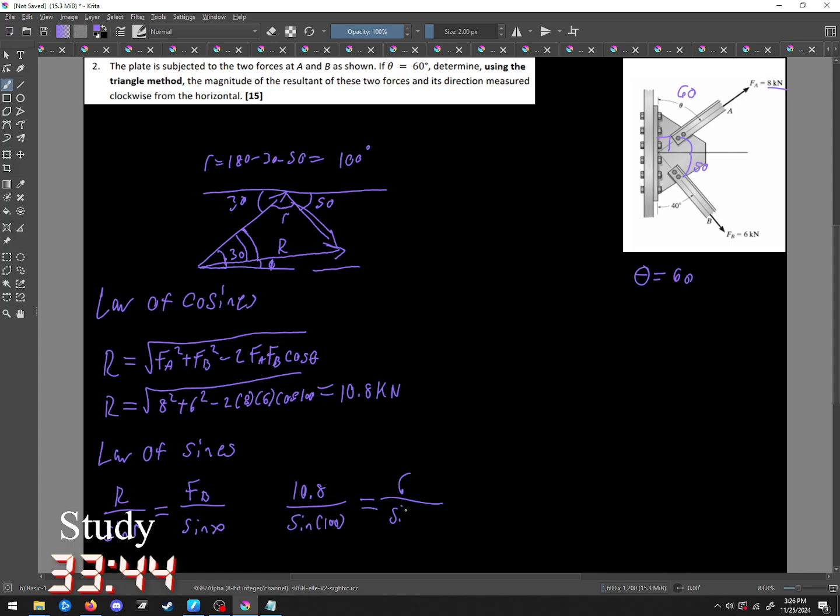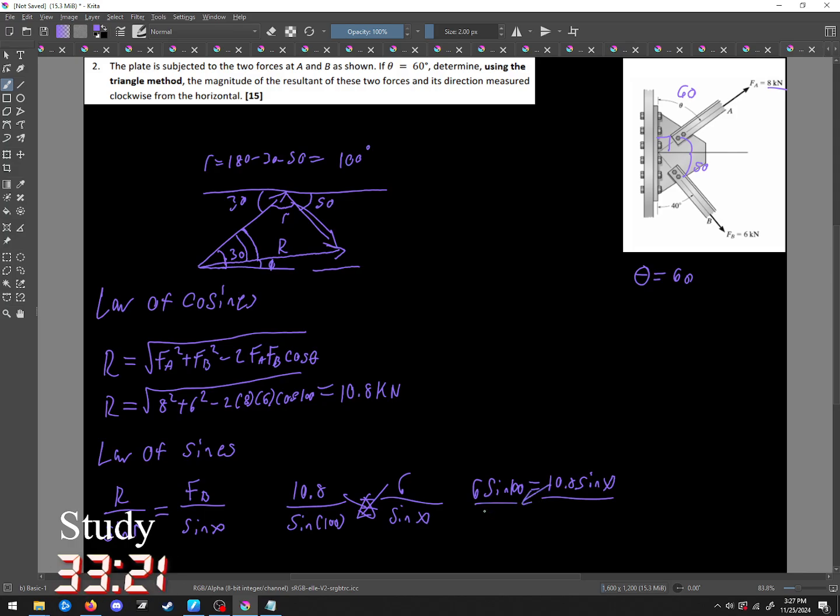6 over sine of this unknown. So now we cross multiply, which means that 6 sine 100 equals 10.8 sine of this.